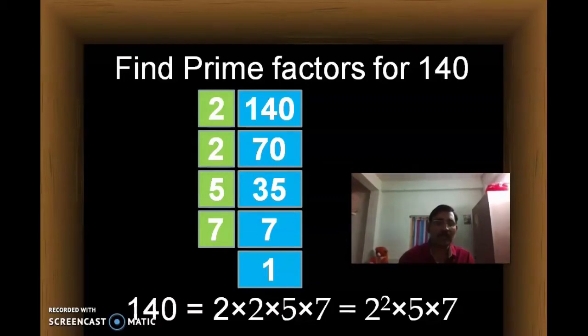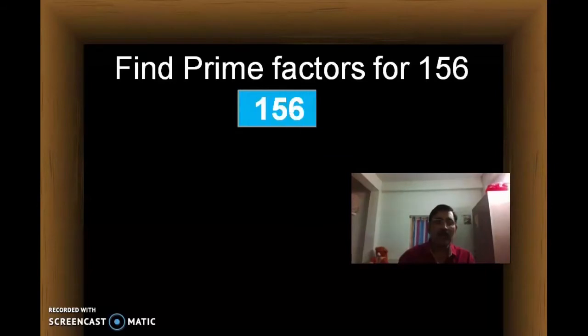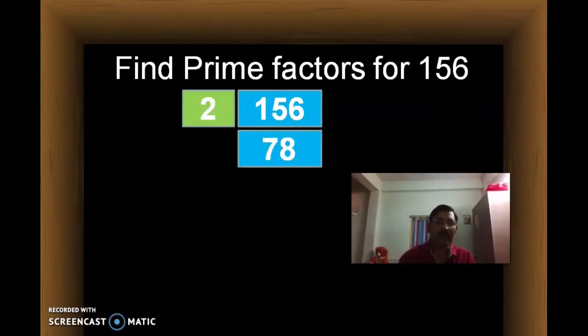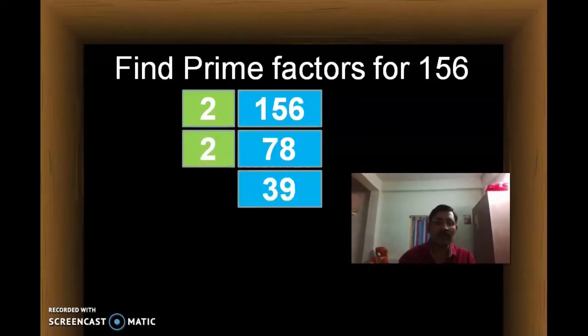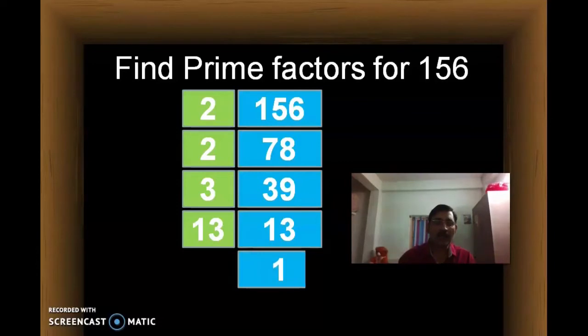Now let us take one more example. Find prime factors for 156. 156 again we can divide by 2 and then we get 78, and again divide 78 by 2, we get 39, and again divide 39 by 3, we get 13, and 13 divided by 13 gives 1.